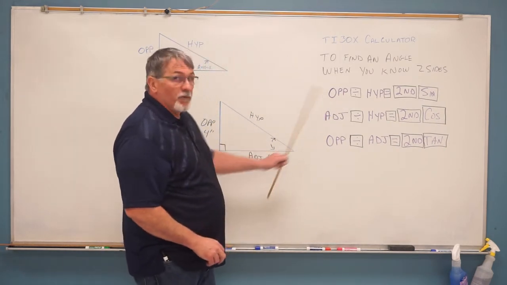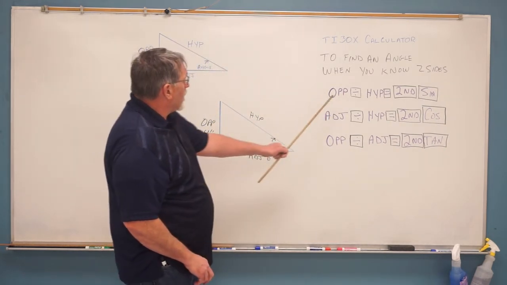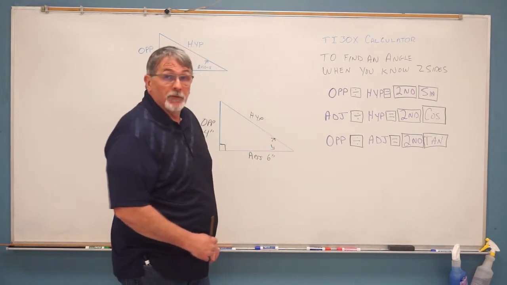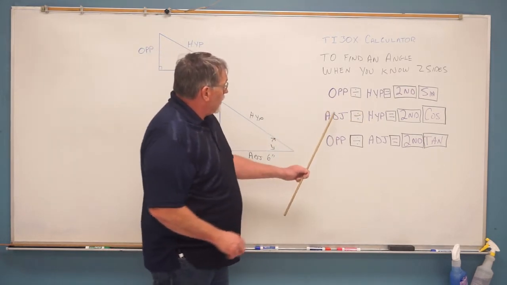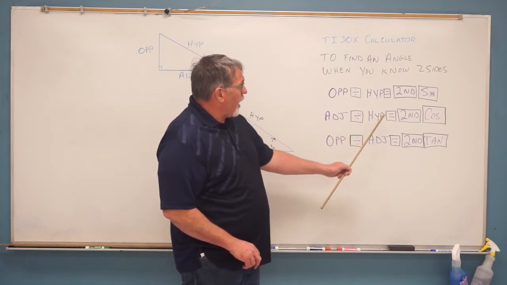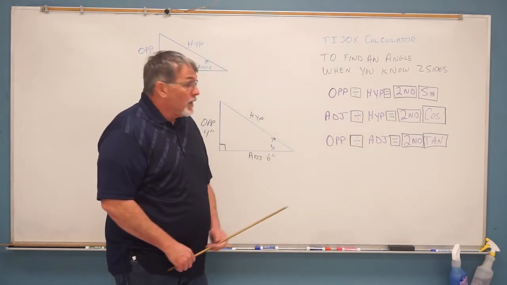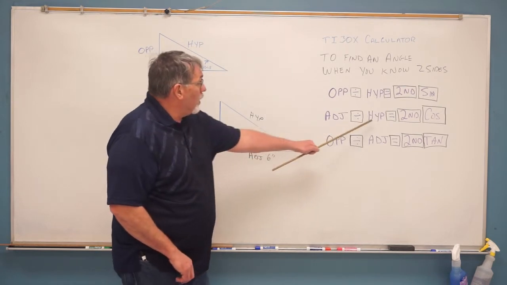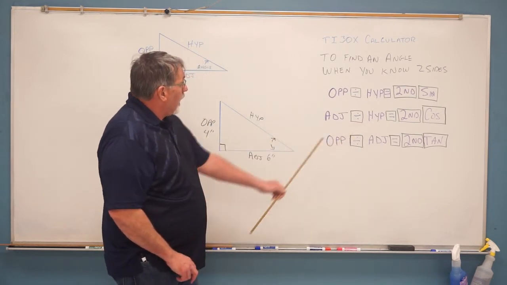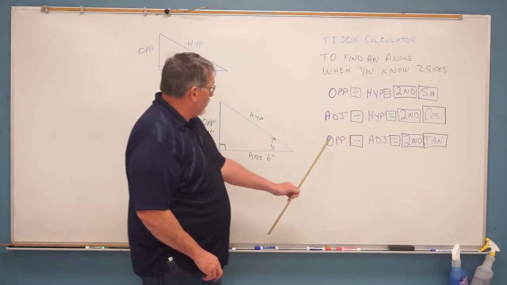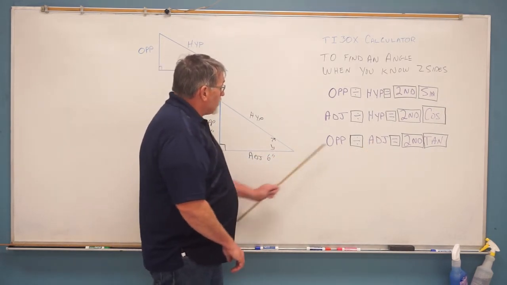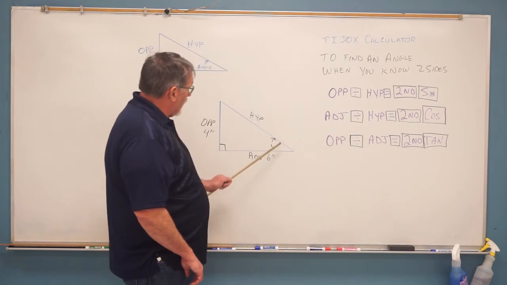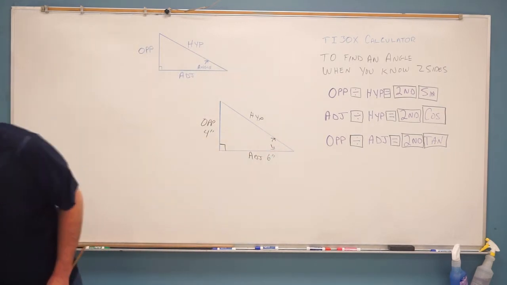So, can we use that formula here? Well, no, because we don't know the hypotenuse in this triangle. So how about this one? The adjacent divided by the hypotenuse equals second cosine. Well, same here. We do not know the hypotenuse. But our third formula down here, we do know our opposite and our adjacent side. So because we know those, we solve it, we'll get this angle.